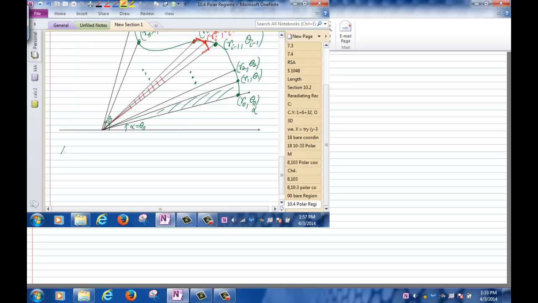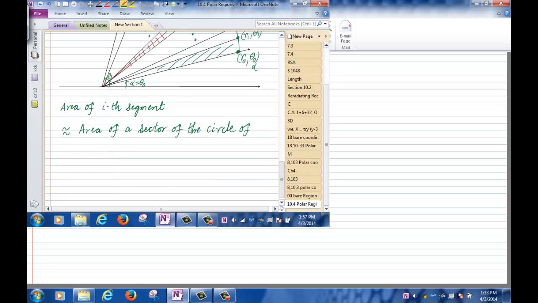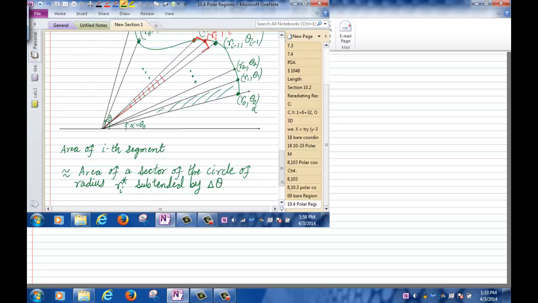The area of the ith segment, and we are approximating that by the area of a sector of the circle of radius Ri star subtended by delta theta. You guys understand what I'm saying here?